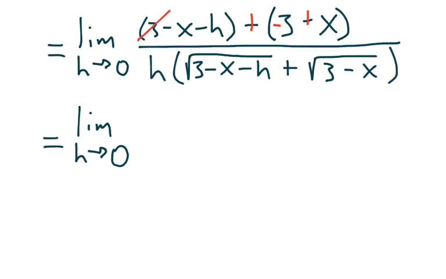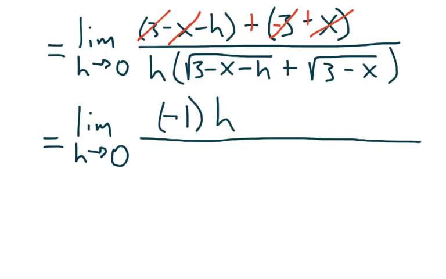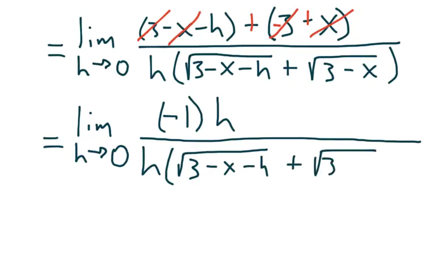The 3's cancel, and the x's cancel, leaving us with simply negative 1 times h. The denominator is still h times the square root of 3 minus x minus h plus the square root of 3 minus x, and because they're factored out, the h's cancel.